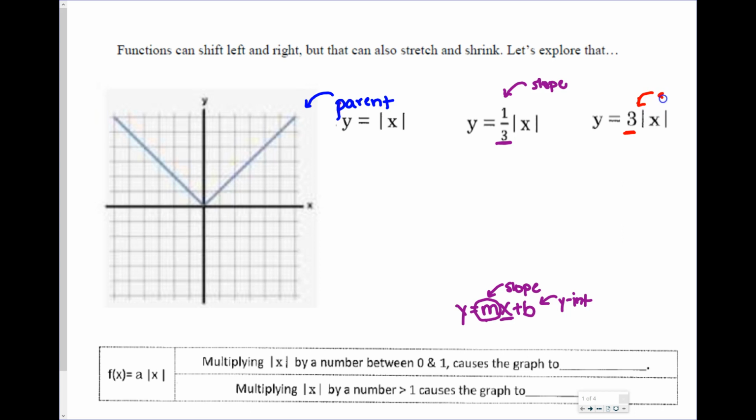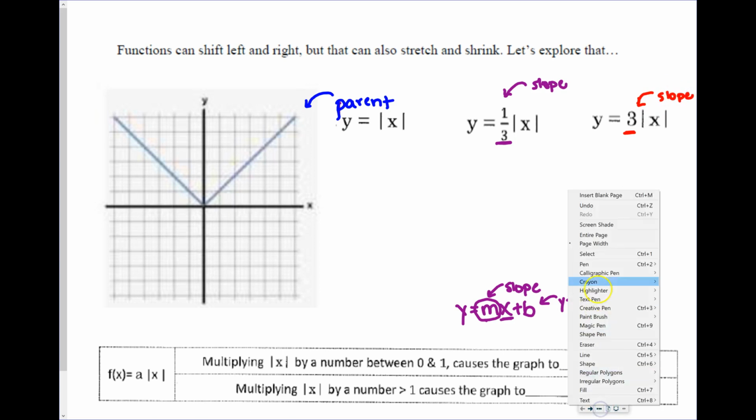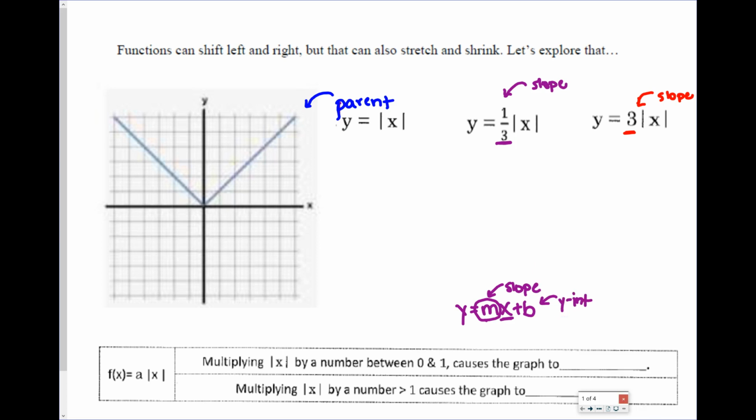That number in front of the x is your slope. Notice in the blue one, in the parent function, there is no number in front, but that is an invisible 1. And you see how you go up 1 over 1, up 1 over 1, up 1 over 1? So that 1 is your slope.